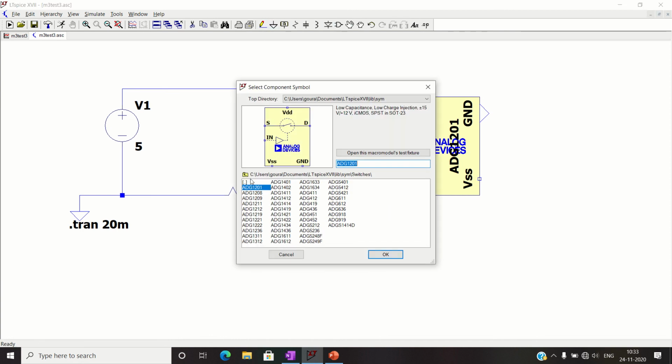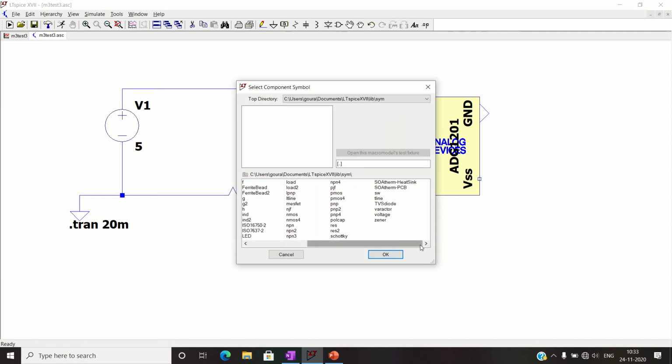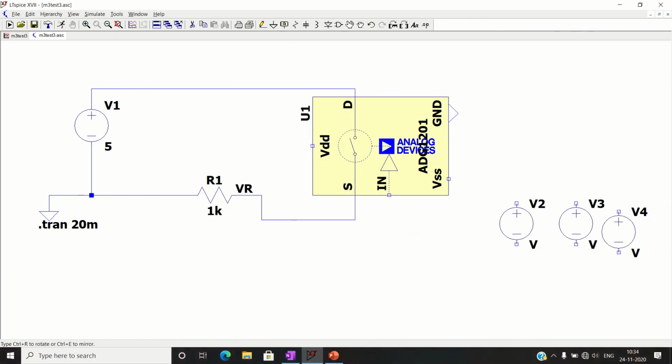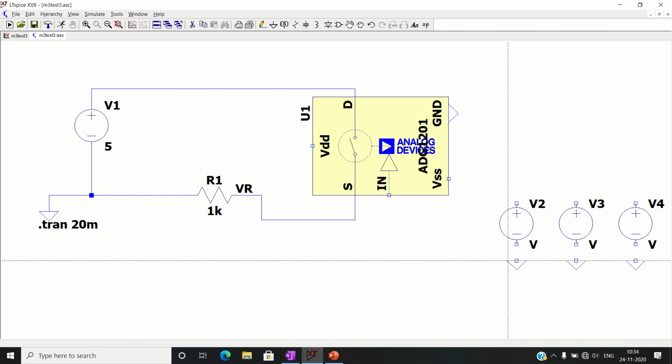I will get three voltage sources, V2, V3, V4, and ground them. I will give some value.